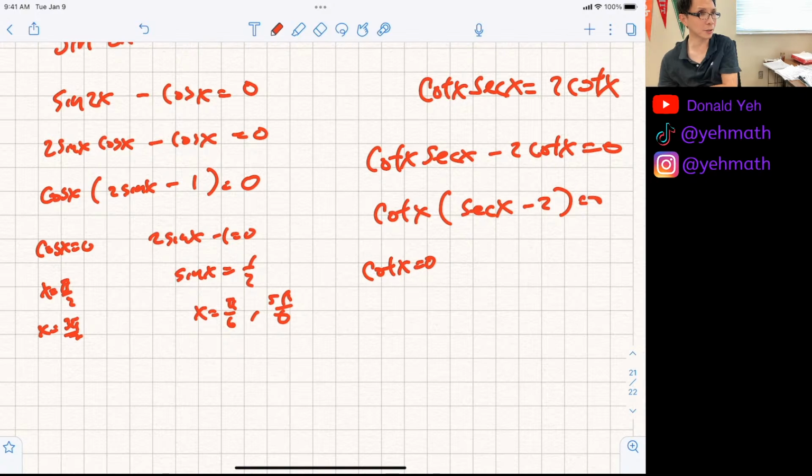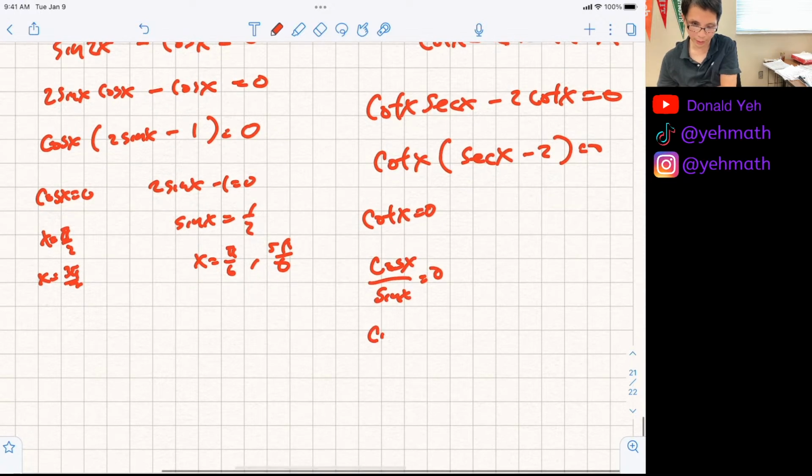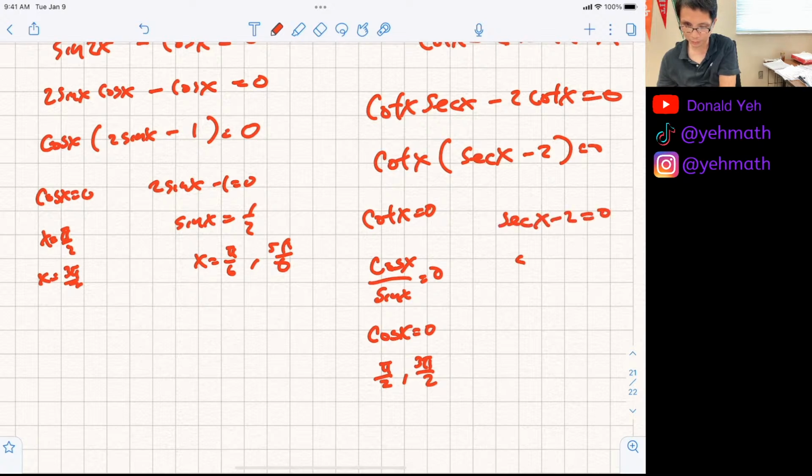When does cotangent equal 0? Well, cotangent is cosine over sine. It's just the numerator equal to 0 that is fine. So that's x equal to pi over 2 and 3 pi over 2. But when secant of x minus 2 equals 0, what do you do after that?